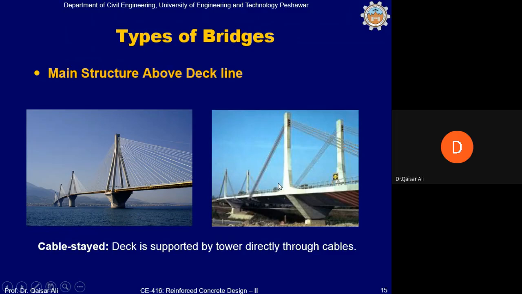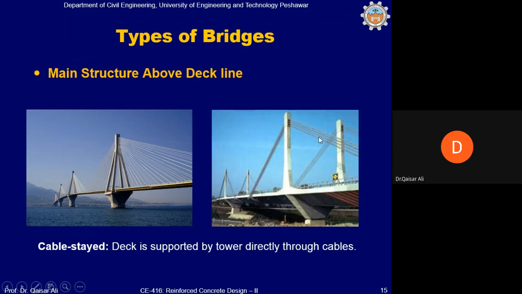Another type of cable stayed bridge is also shown on the right, where the cables are not radiating with different lengths, but the same length of cables are radiating from the tower, and they are taking the load of the bridge. Okay, and this load is then transmitted to the tower.